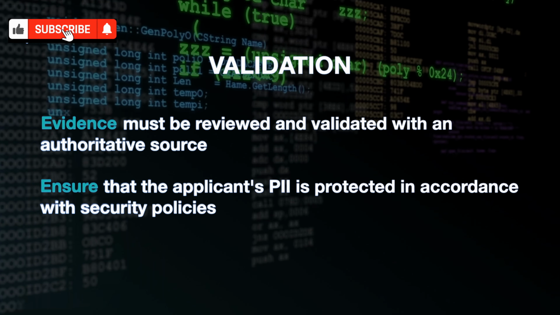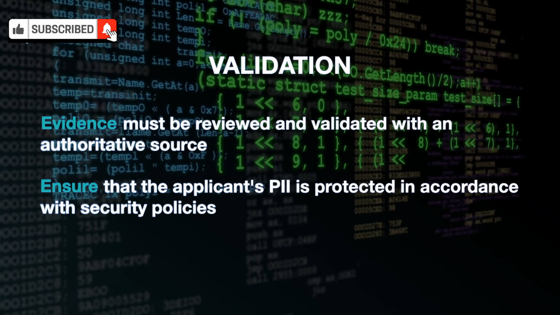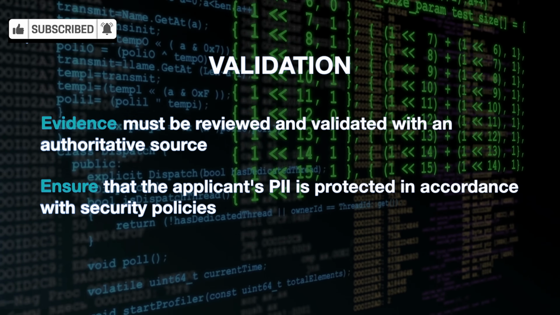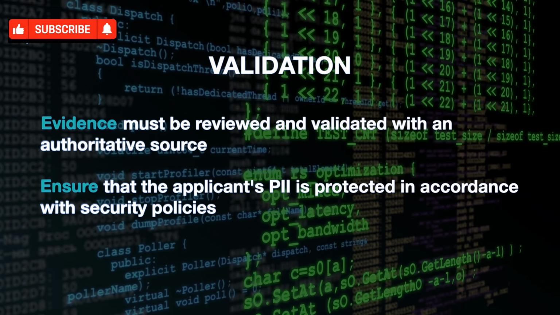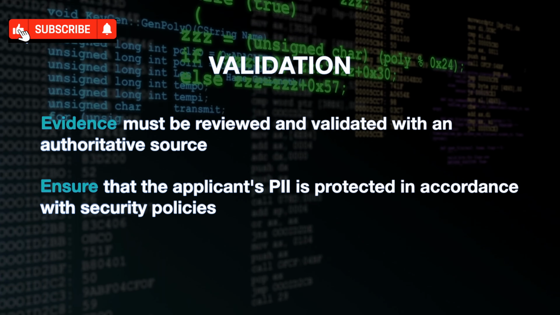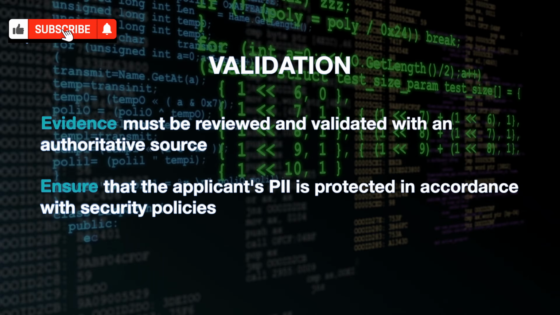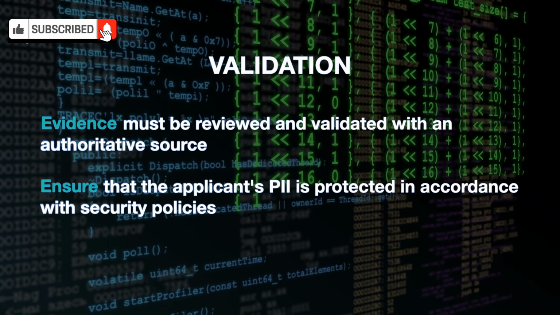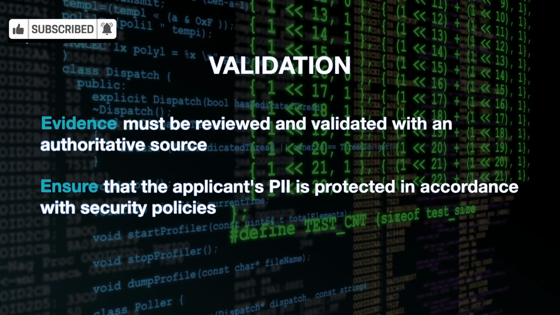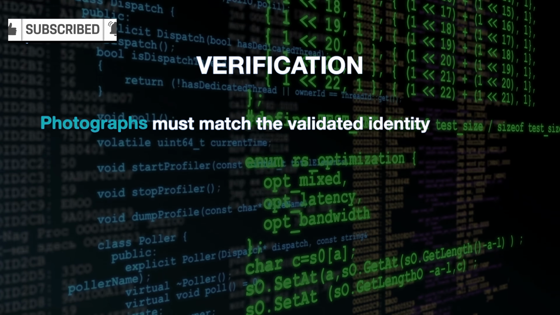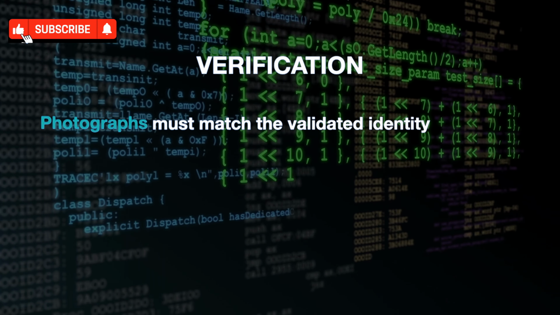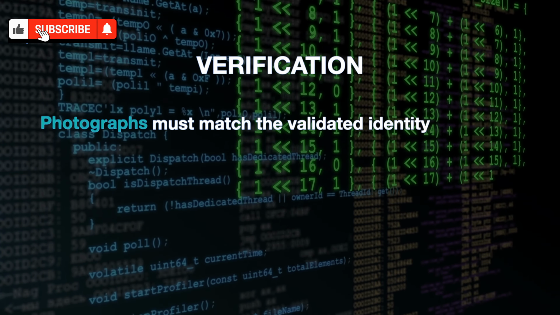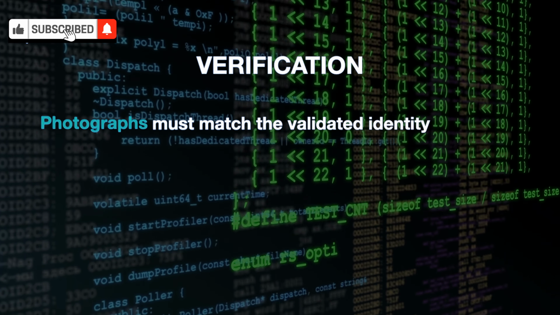Then we move to that verification, where we are looking at the actual photograph versus the real person that's standing in front of us. So this would be mainly for human subjects, if you will, users that are trying to register to the system. We would have photo ID on their passport or driving license, and we would match this photo to their physical person as they are standing in front of us to validate the identity.